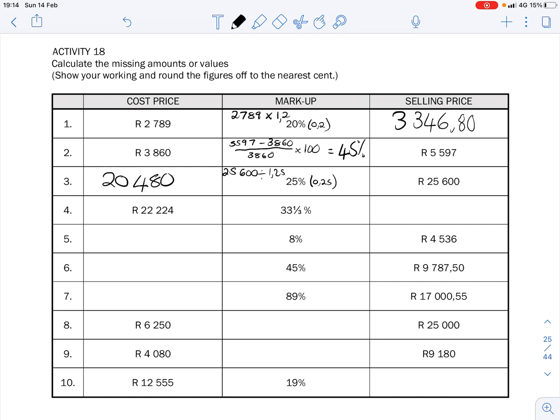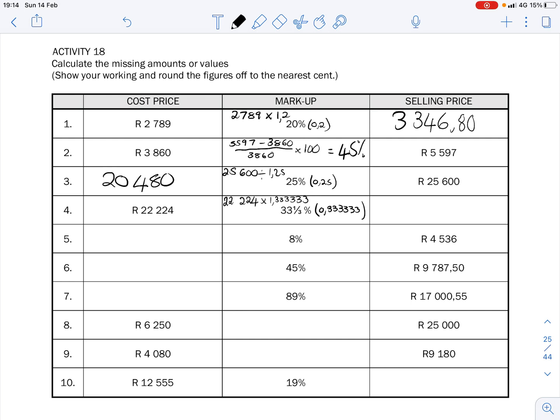Okay, we then have a cost price of 22,224 and a profit markup of 33 1/3, which would be 0.3333333 recurring, and our formula would look like 22,224 multiplied by 1.333333.